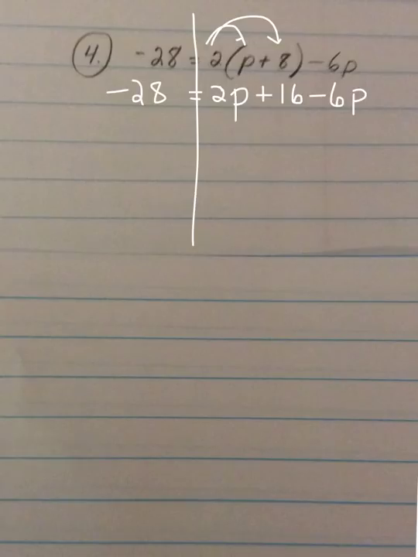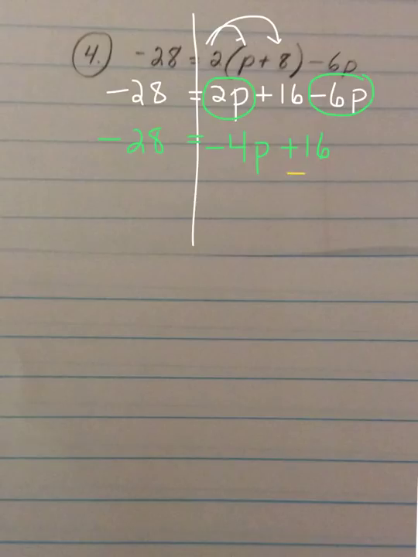So you just find your starting spot with these problems, and go from what you know to do first, what you recognize first. Right now I'm recognizing I have a 2p minus a 6p. And I can combine those together because they're both p's. So 2 minus 6, that's going to be a negative 4p plus 16. And I still have my negative 28 hanging out over on this side of the equation.